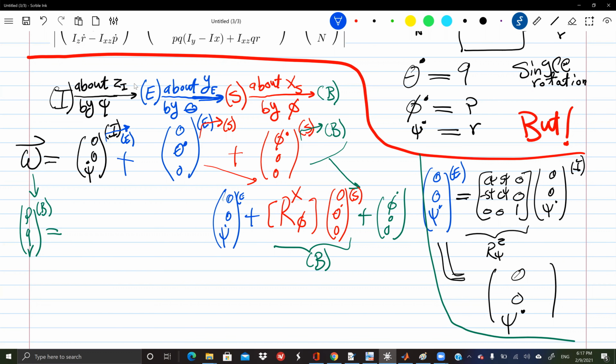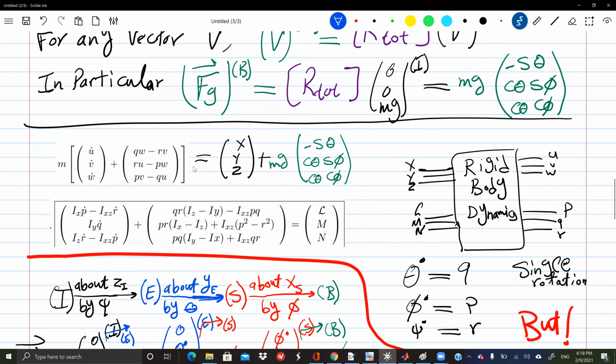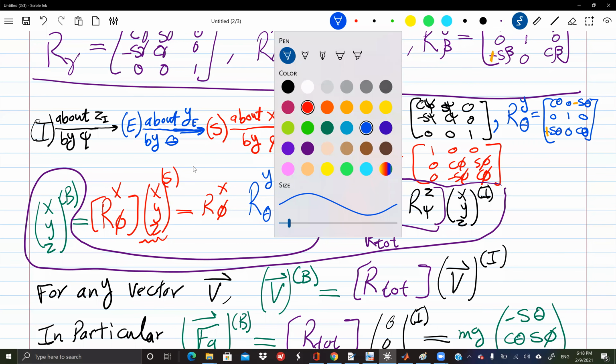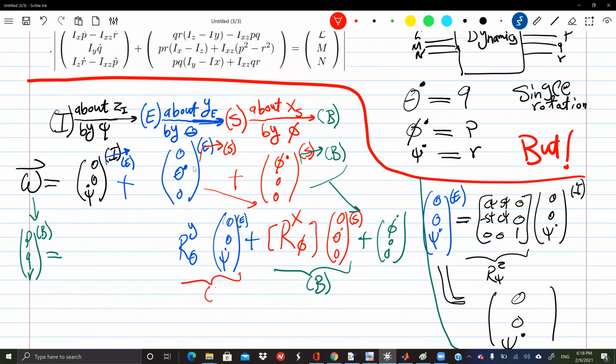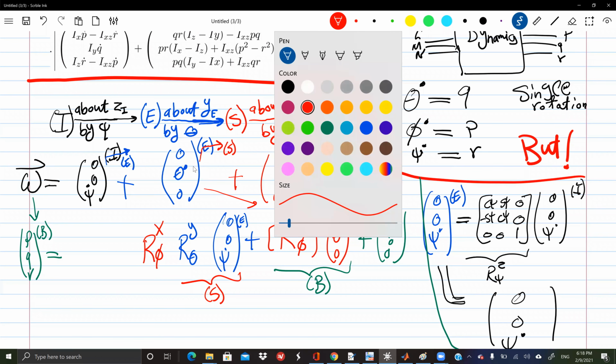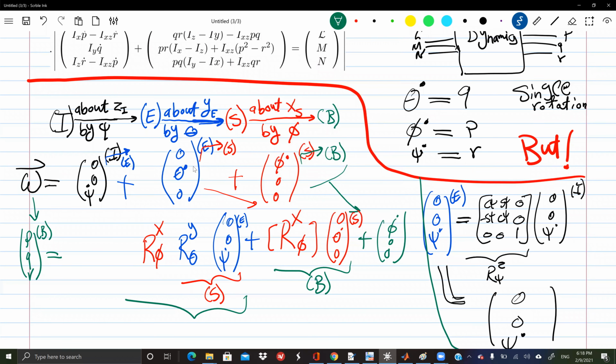First, I'm going to go from the E to the S. So I'm going to multiply by R theta Y. This result is in what frame? It's in the S frame. And then I'm going to multiply by R phi X. So the result now after this multiplication is in the B frame. Okay?